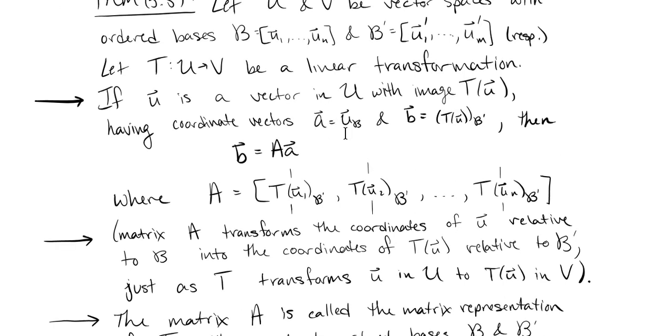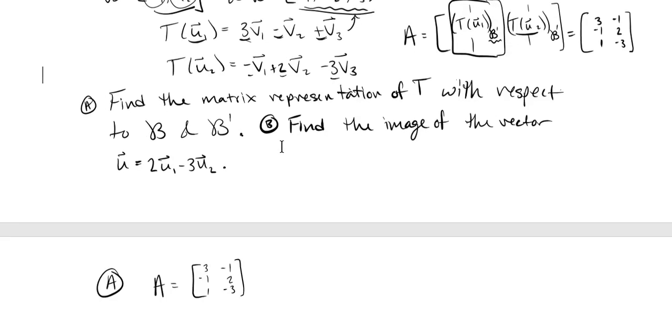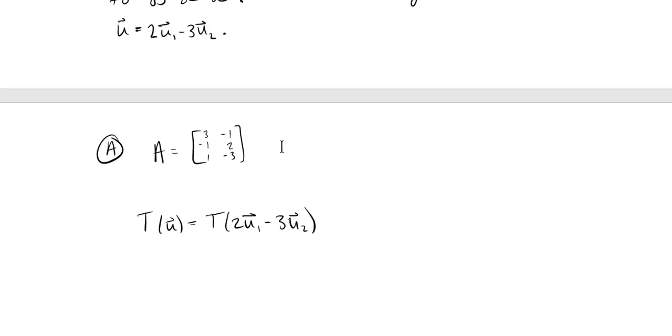If I know the coordinates relative to the domain basis given, I multiply by this representative matrix A to get the coordinates relative to the codomain basis given, the B prime basis. So what I'm looking for in this example below, we're just going to multiply the coordinates relative to the domain basis by our matrix representation A.